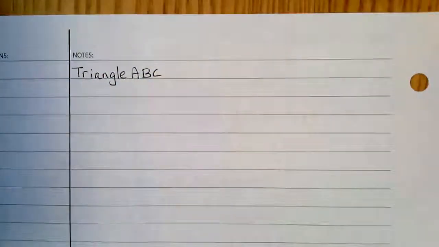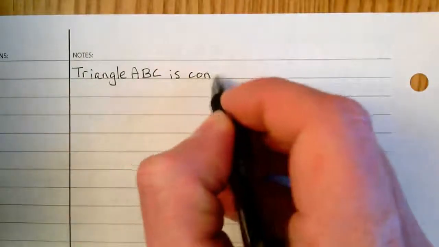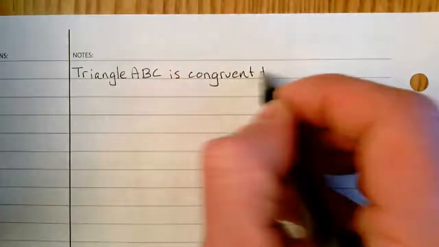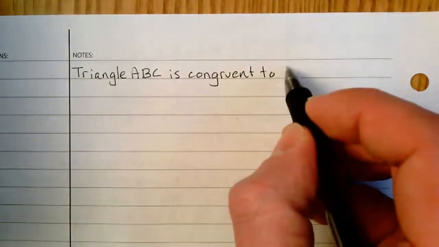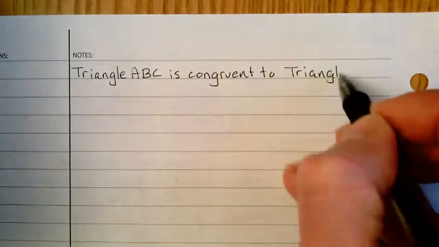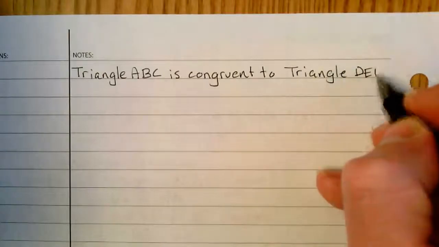Let's say that triangle ABC is congruent to triangle DEF.